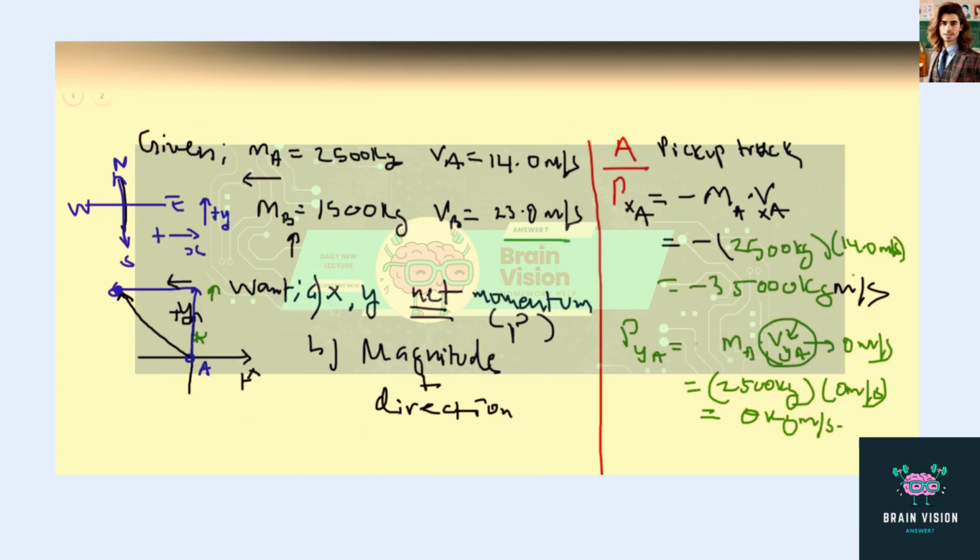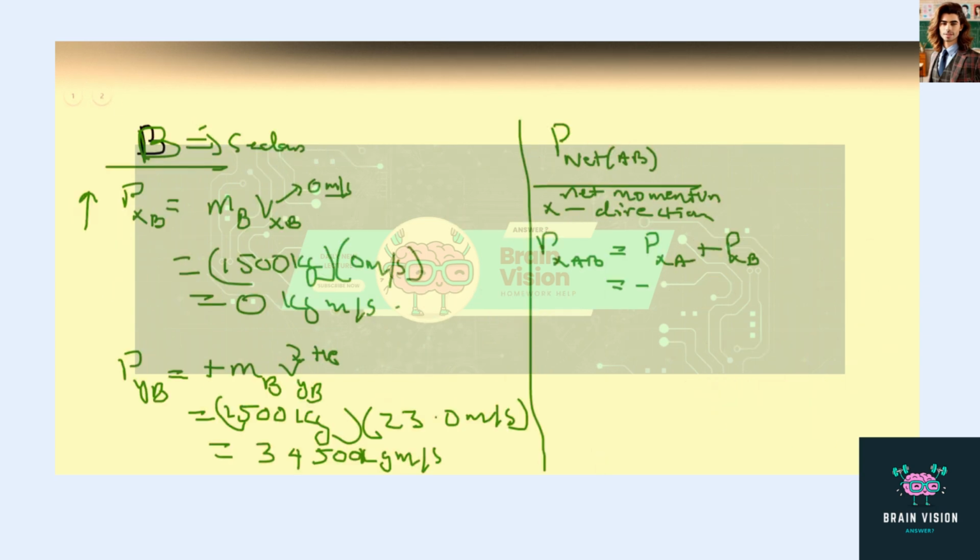For A, the momentum in the x direction, as you can recall, happens to be negative 35,000 kilogram meters per second. And then for B, it's 0 kilogram meters per second. And so in the x direction, the resulting momentum for A and B is negative 35,000 kilogram meters per second.